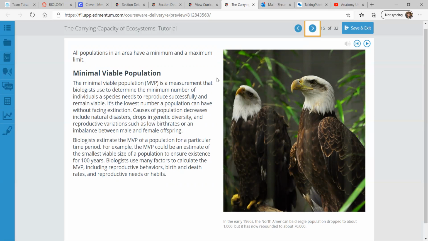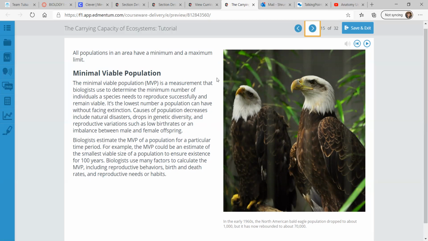Causes of population decreases include natural disasters, drops in genetic diversity, and reproductive variations such as low birth rates or an imbalance between male and female offspring. One example that comes to my mind is the panda population.